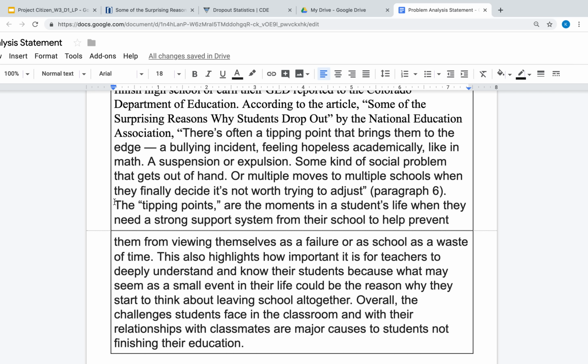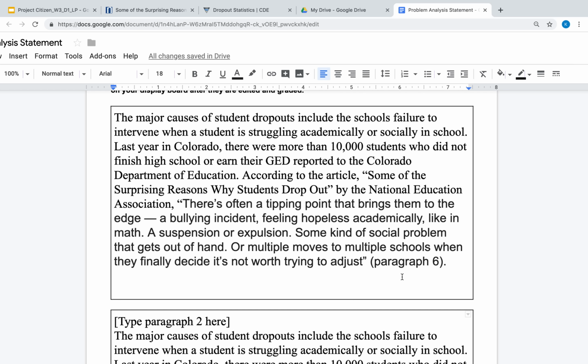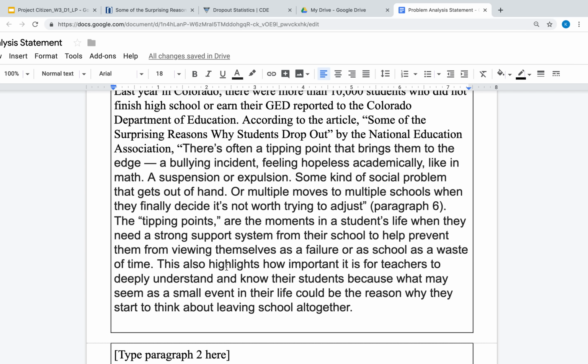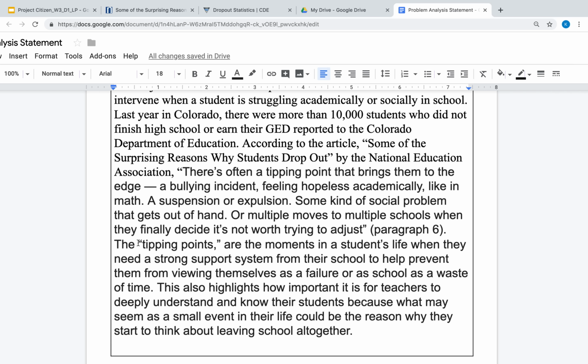Now I need to write my two interpretation sentences, which I have right here. Again, I'm using keyword analysis when I do this, so I am taking part of the quote. I took the tipping points as part of the quote, and I'm going to use that to analyze and advance my claim.